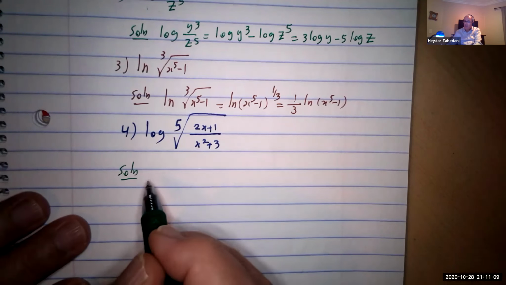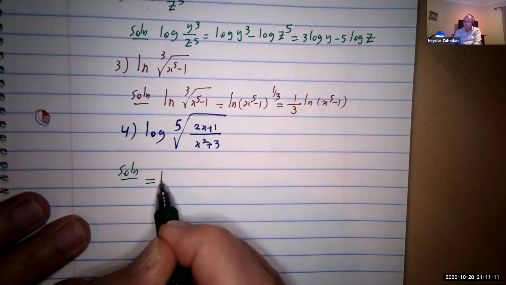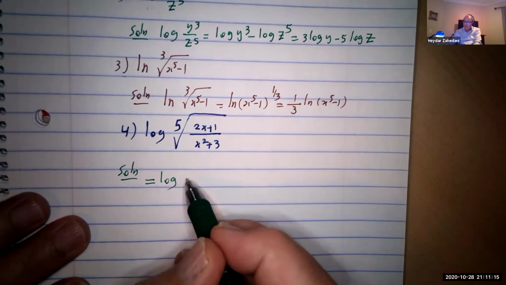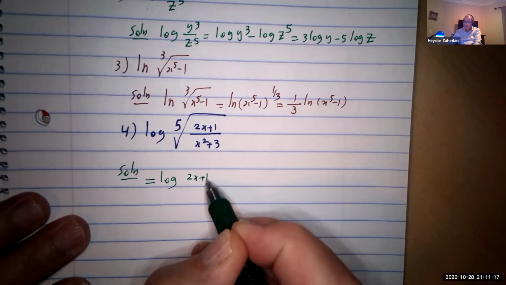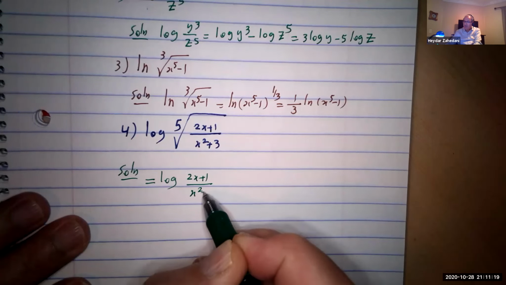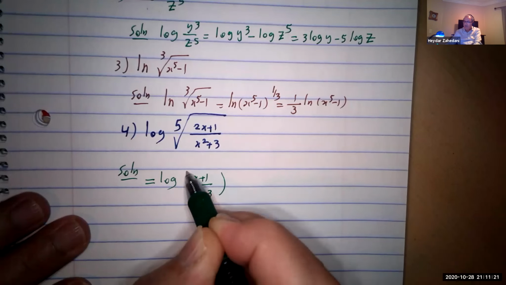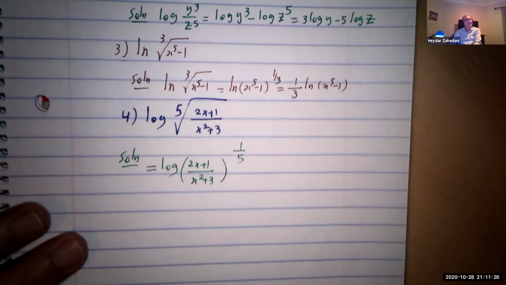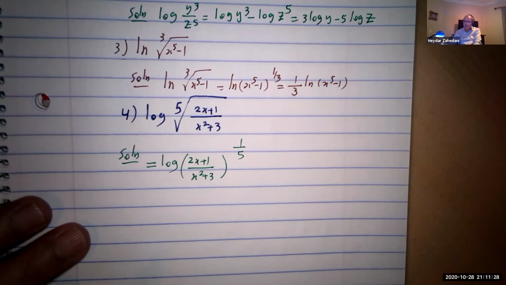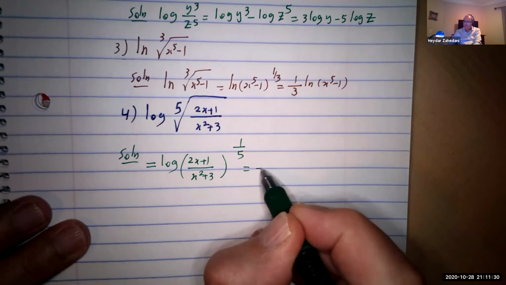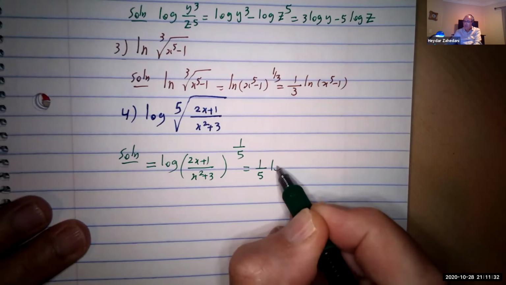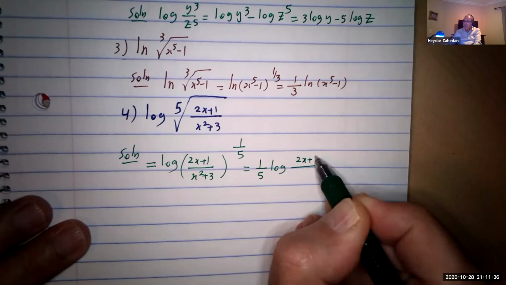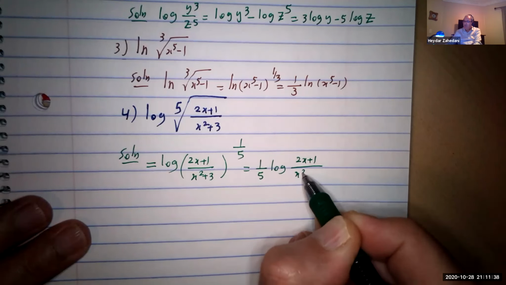The solution is going to be equal to, we take care of the radical first. So it's 2x plus 1 over x squared plus 3, everything in parentheses to the fifth. Okay, now we can bring the fifth down. One fifth log of 2x plus 1 over x squared plus 3.